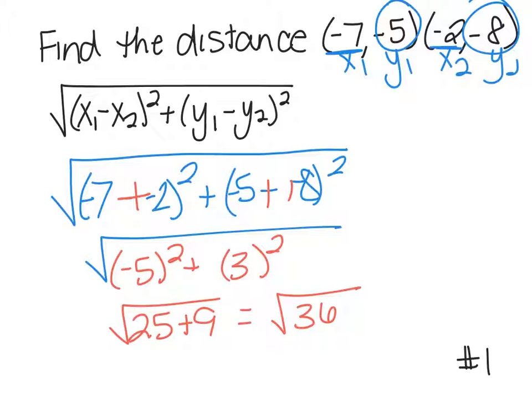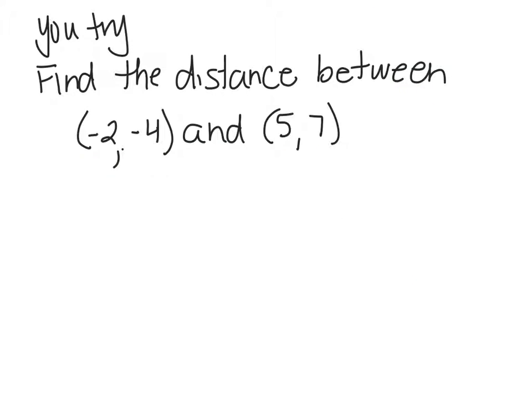Excuse me, that is the square root of 34. So then I'm going to go into my calculator, second square root of that answer, and my distance is going to be 5.83. You try this one.